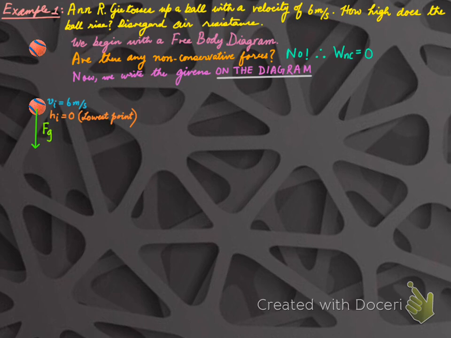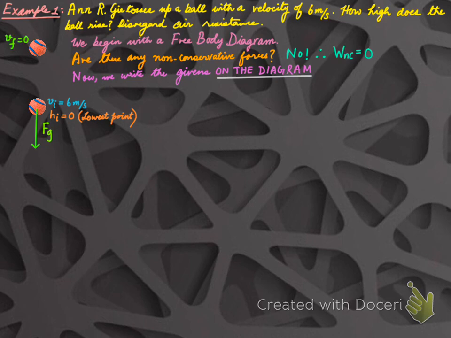Now, h initial may not actually have been 0, but I'm allowed to choose whatever level I want to be my 0 level for height. So I do the most logical thing, and I choose the lowest point to have a height of 0. Now, the reason why I do this is that it makes life a lot simpler. It turns out that I don't have to do a lot of subtracting and all of that when I choose my lowest level to be 0.